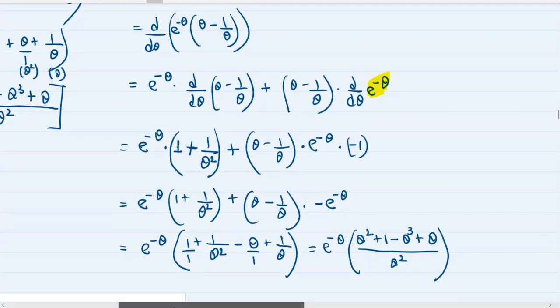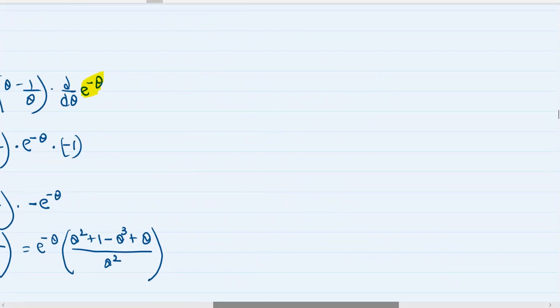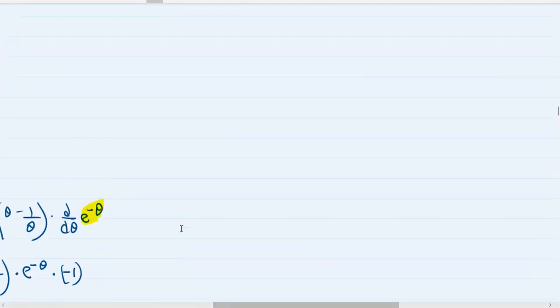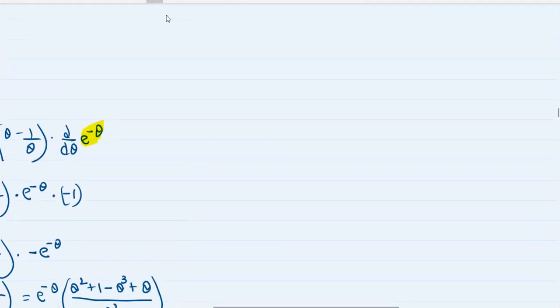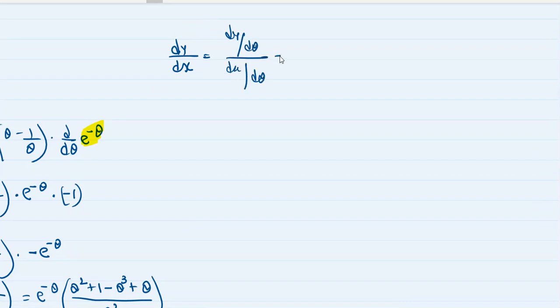Now let's find our final answer, that is dy by dx. dy by dx is dy by d theta upon dx by d theta.